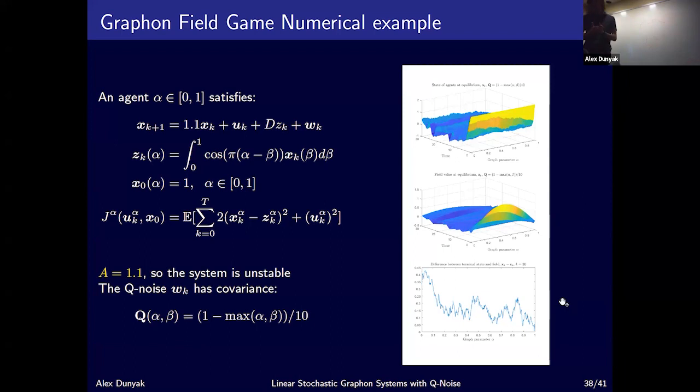And on the bottom, we have the difference between the two simply at the terminal time. As you can see, the difference between the two for the most part is relatively low. So we say that the system, particularly through the middle indices towards the end, tracks the local field well.